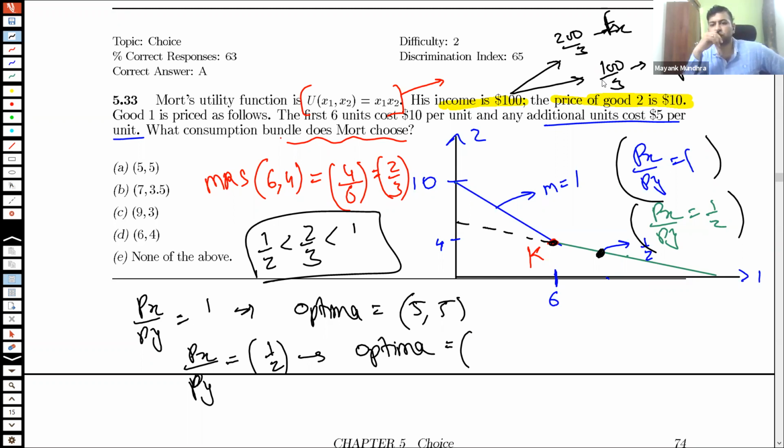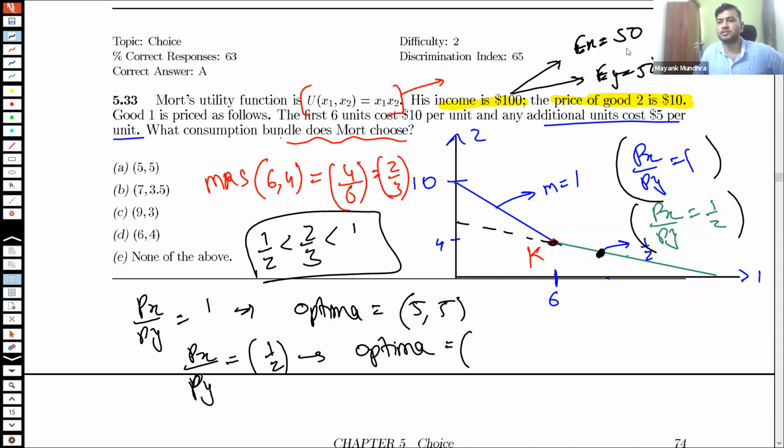Right. No, it's going to be 50 each. What am I doing? Yeah, expenditure on x is 50, expenditure on y is 50.